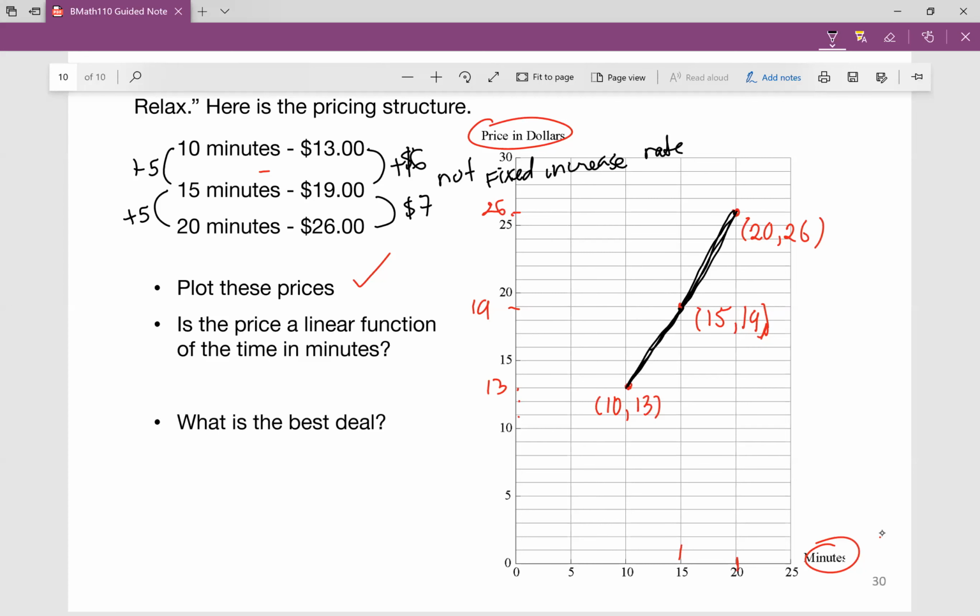You cannot easily see that, but it has a slightly different slope. See that? So not linear. Sometimes we have to check with the numbers instead of just looking at the graph. Okay? So no, it is not linear.